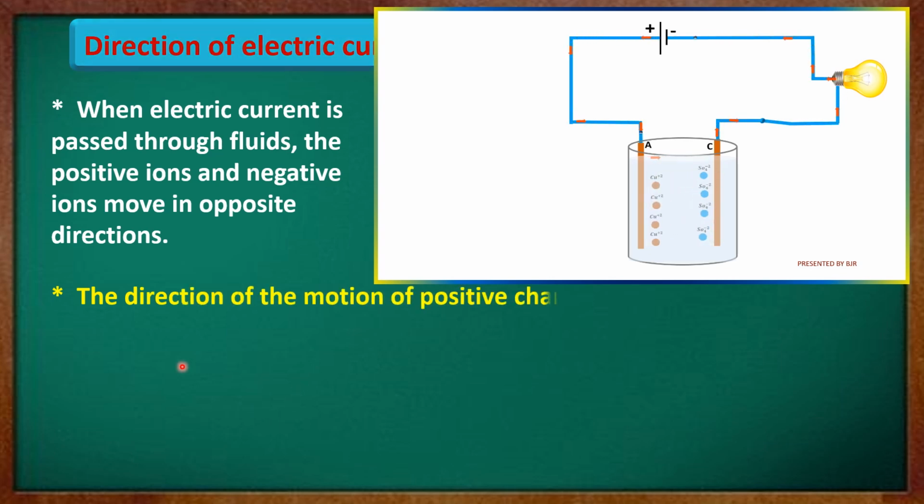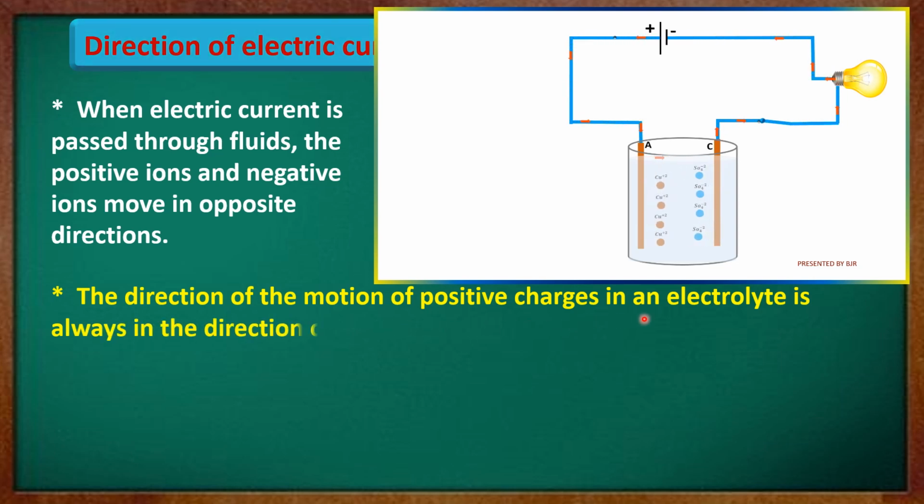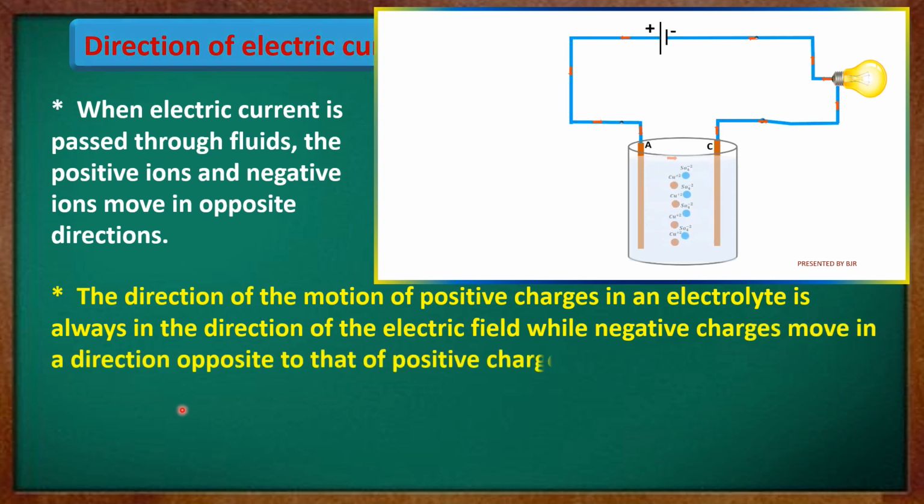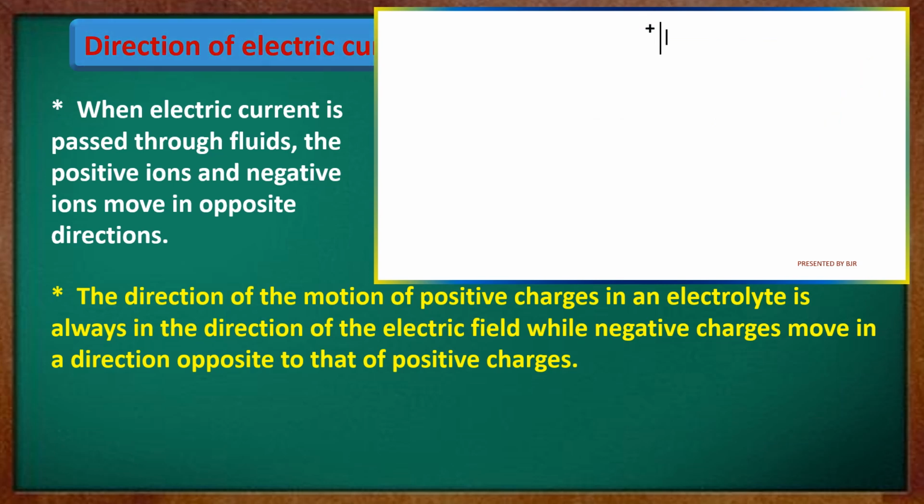You can see here the direction of the motion of positive charges in an electrolyte is always in the direction of the electric field, while negative charges move in a direction opposite to that of positive charge. Just now we have seen. So when current is passed through fluids, both positive ions and negative ions move in opposite directions.